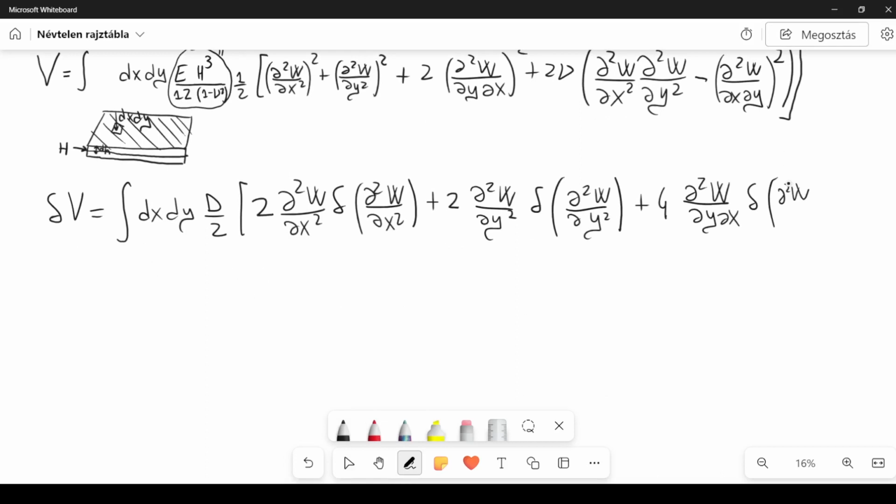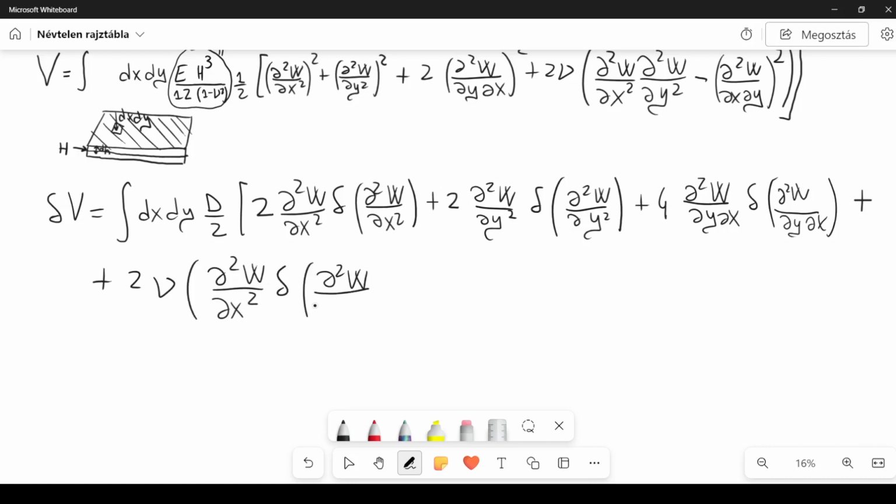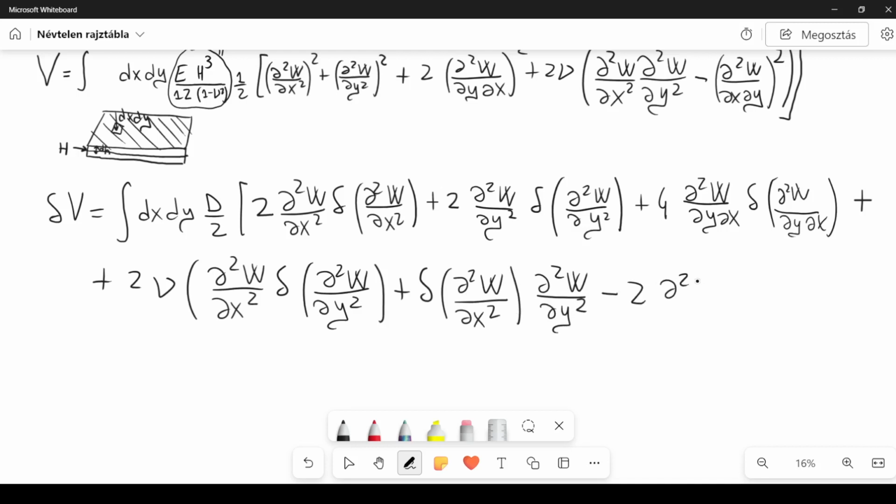So we have dy dx, or dx dy, we assume them to be exactly the same, plus 2 nu times d squared w dx squared times the change in d squared w dy squared, plus the change in d squared w dx squared times d squared w dy squared, minus 2 d squared w dx dy times the change in d squared w dx dy.